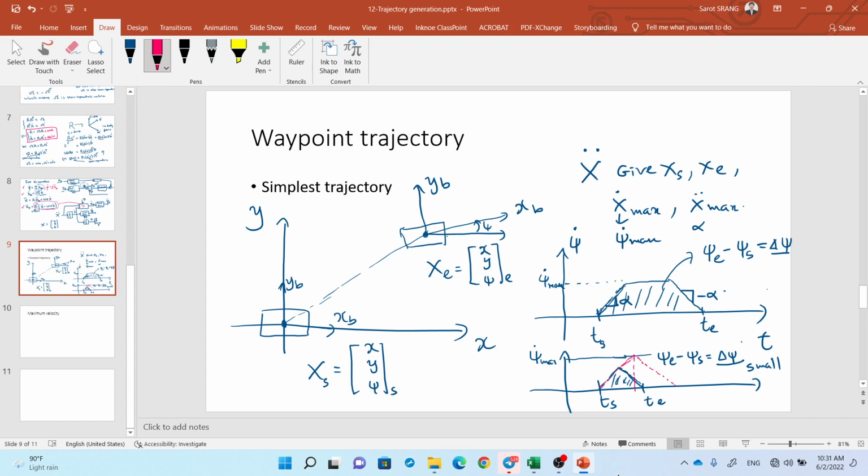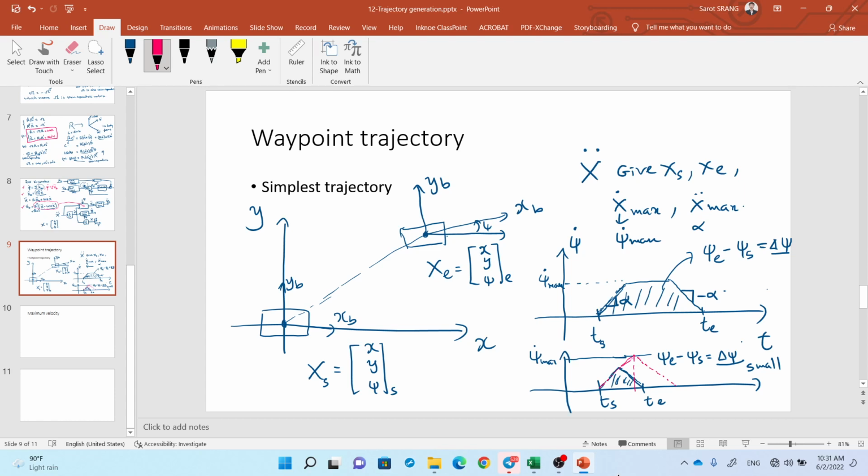So it's psi dot max squared over alpha. This is what we know. So we square this one and divide by this, and we have the delta psi condition to separate.